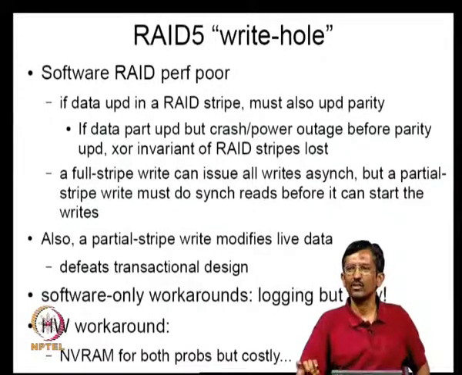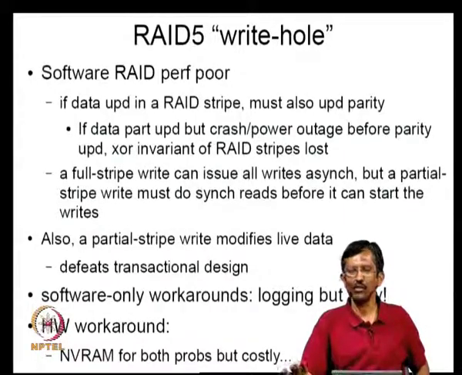To fix it, you have to first reconstruct that particular stripe or reconstruct that disk. That means you have to read all the other disks so that you can copy it onto a spare disk. But while you are reading, you have to do whole reads of the other disks.